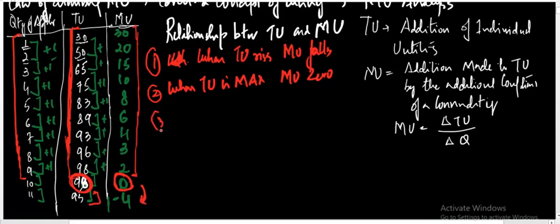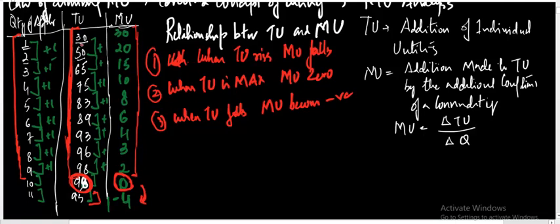The third point is that when total utility falls, marginal utility becomes negative. So there are three types of relationship that this table tells us.